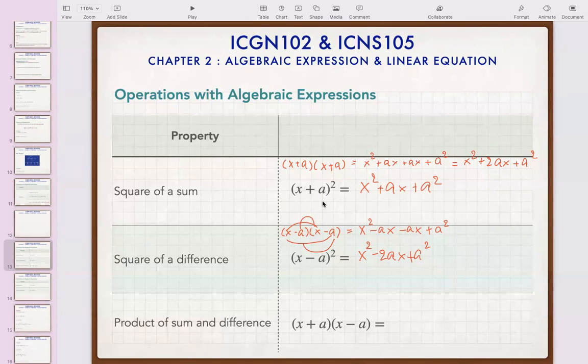Then we have x squared for the first, minus ax for the outer, minus ax, I mean plus ax for the inner, and minus a squared for the last. So for the product of sum and difference we get x squared minus a squared.